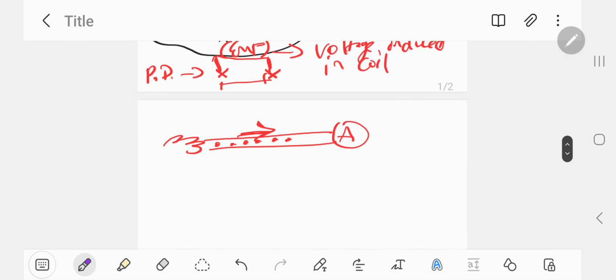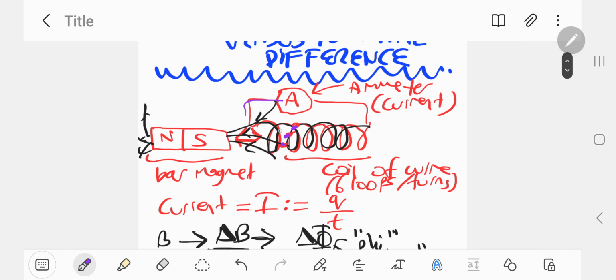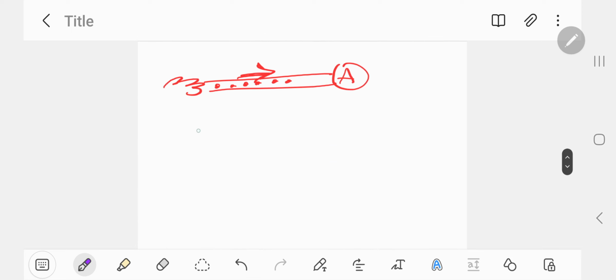And you can measure the potential difference in this closed circuit only when there's current flow. If there's no current flow, if there's no magnet, you can't measure potential difference. So potential difference is basically a consequence of electromotive force in this case. So electromotive force, EMF, results in a potential difference.